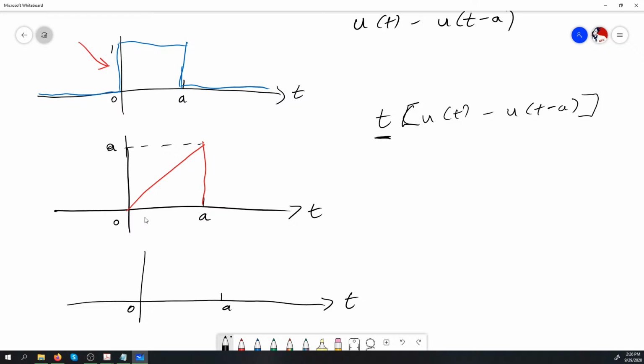So as such, between 0 and a, the differential is going to be 1.